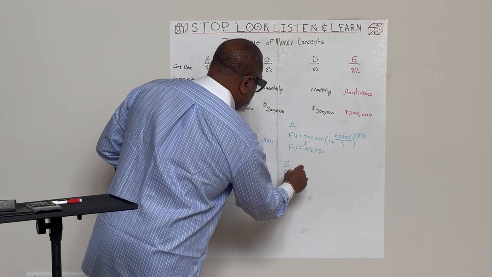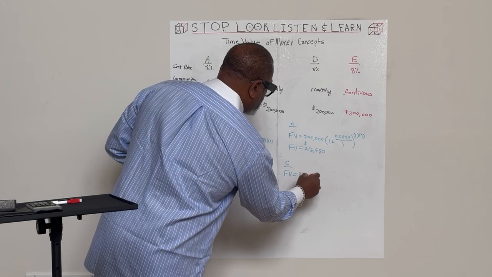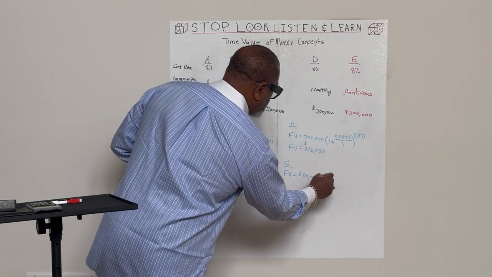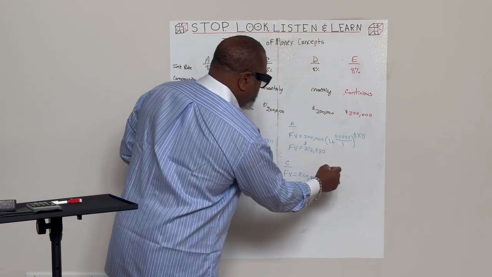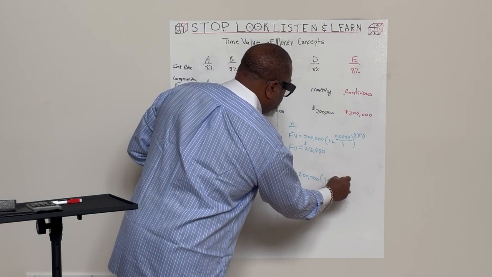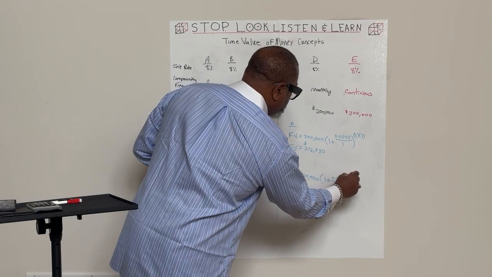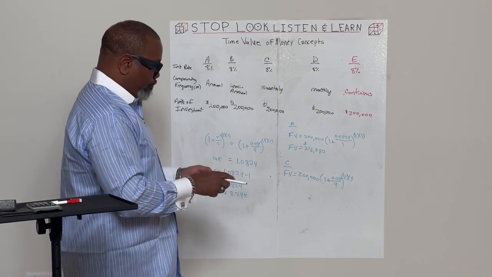Now, let's see what you would get if you went with Bank C. Future value is going to be 200,000 times 1.08 divided by 4 raised to the 4 times 1. So let's figure out what that factor is.